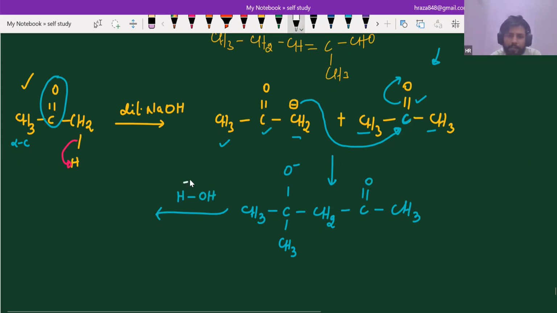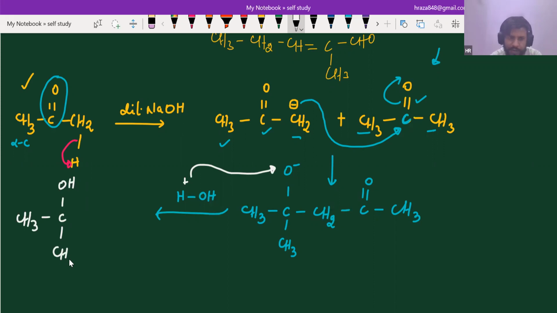So this H plus is going to attack here, and you can see the main product will be CH3COH, and then CH3 is there, and then again CH2 is there, and then C double bond O is there, and then after this CH3 is there.